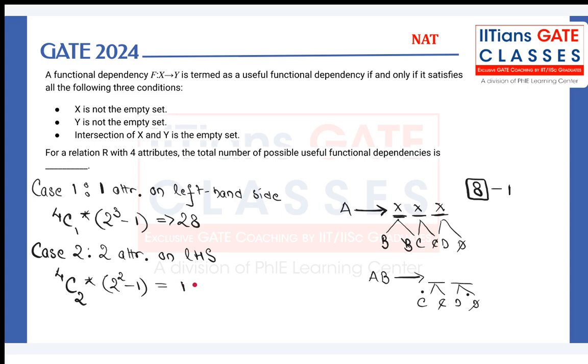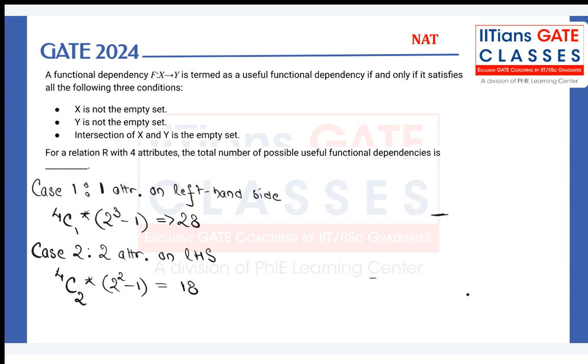Okay. Another case could be, I'm erasing this so that I have some space. Another case could be that there are 3 attributes on the LHS.